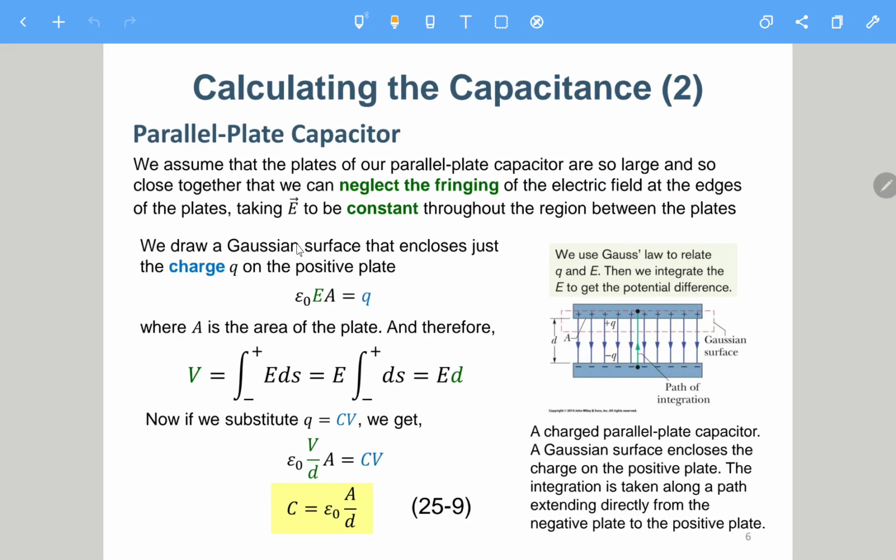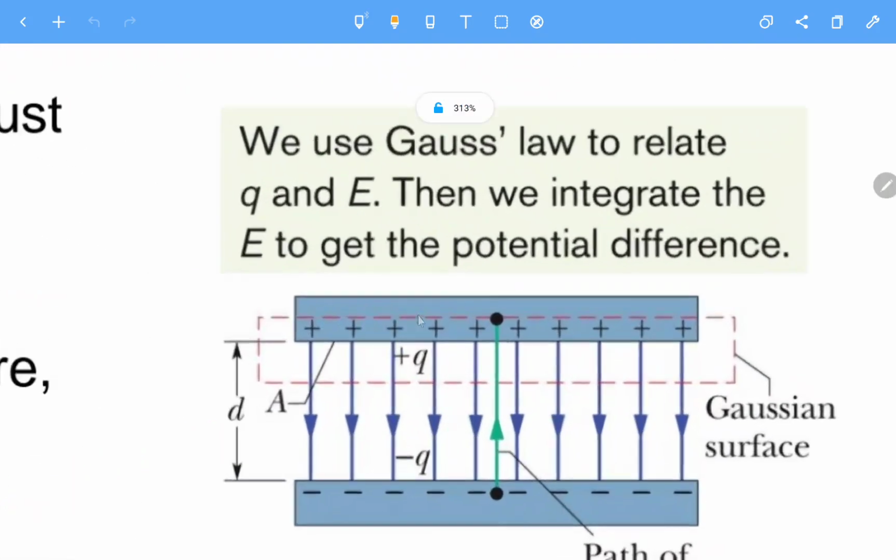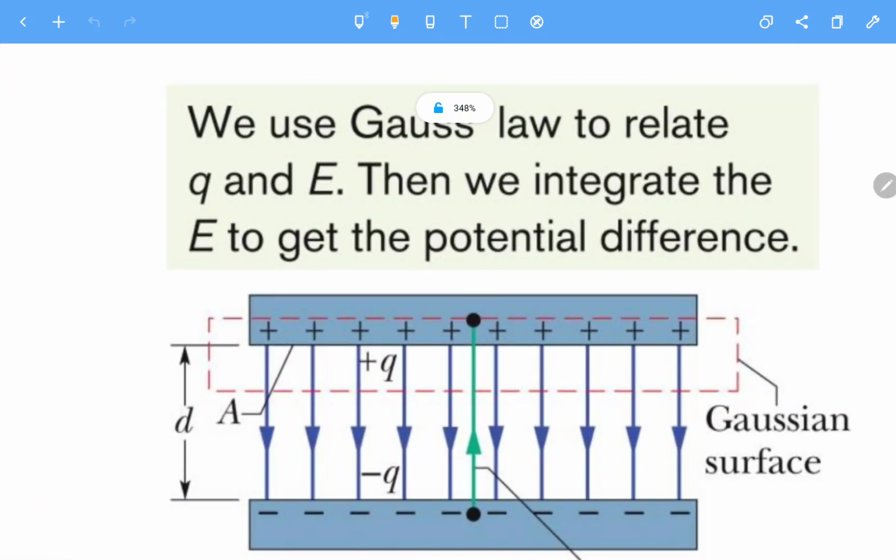Here we try to explain the Gauss law. Originally it should be the integration of E dot dA. For this surface, and also this one, they shouldn't contribute to the net flux, because the E field is 0 outside the capacitor.